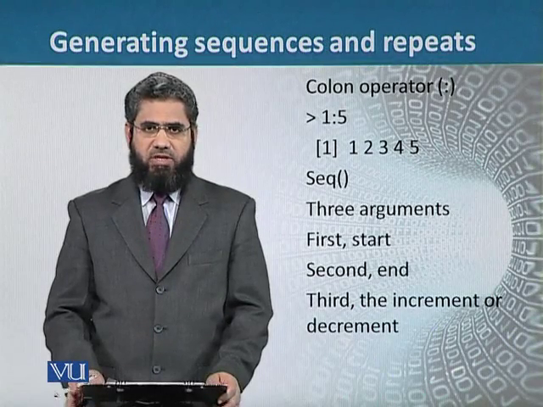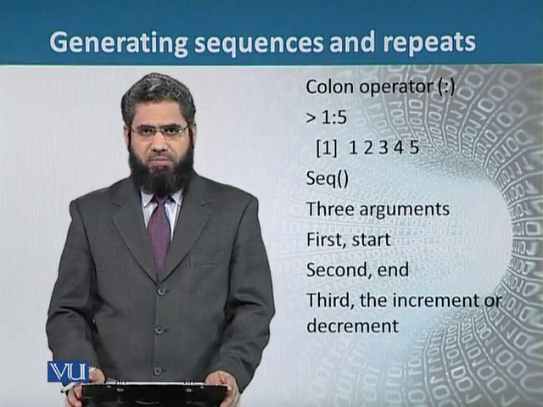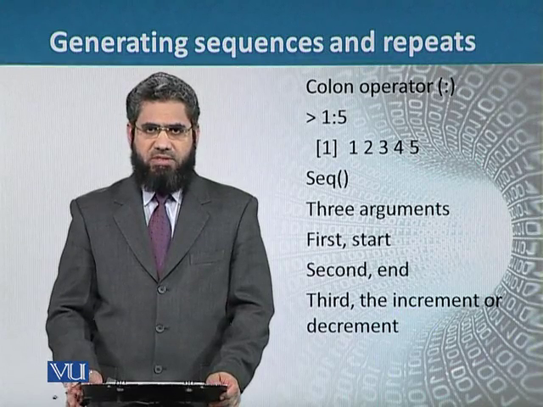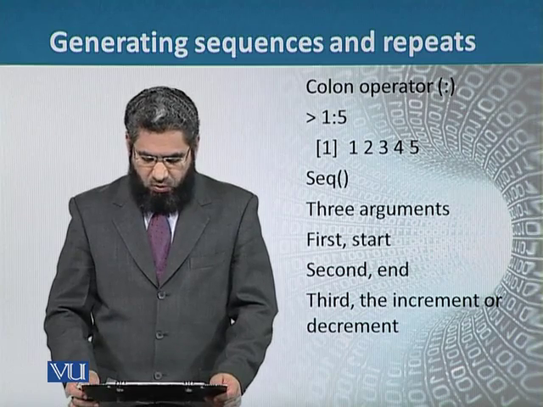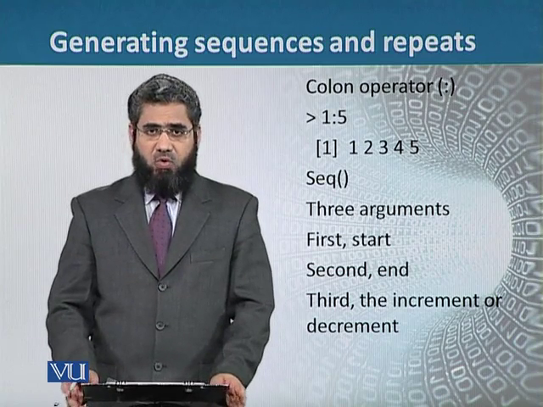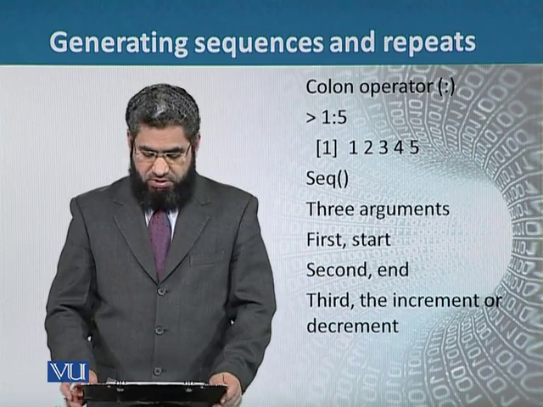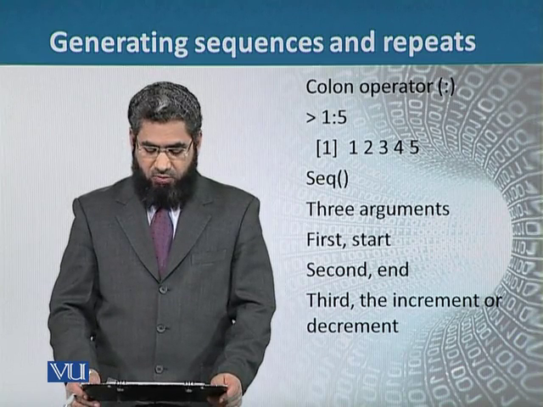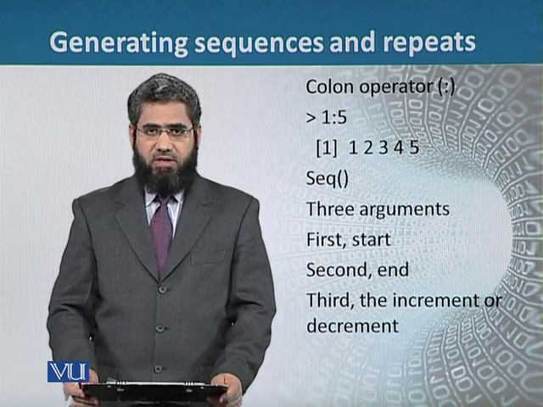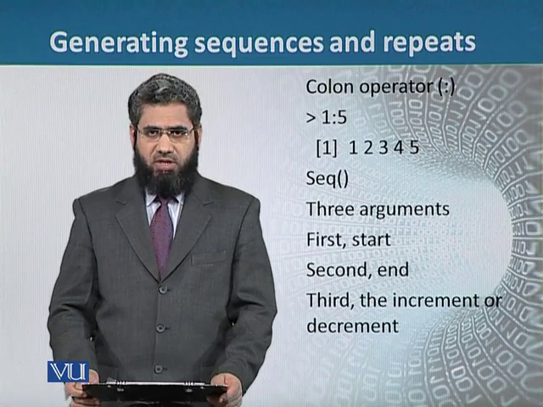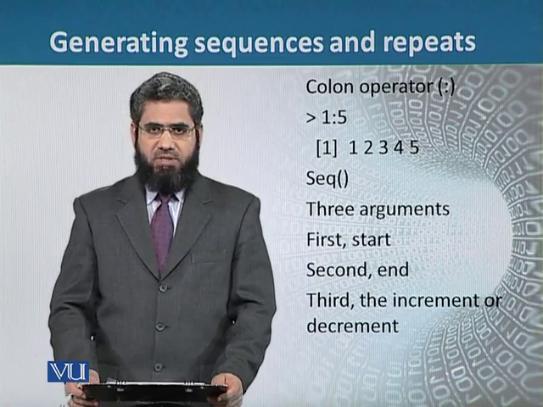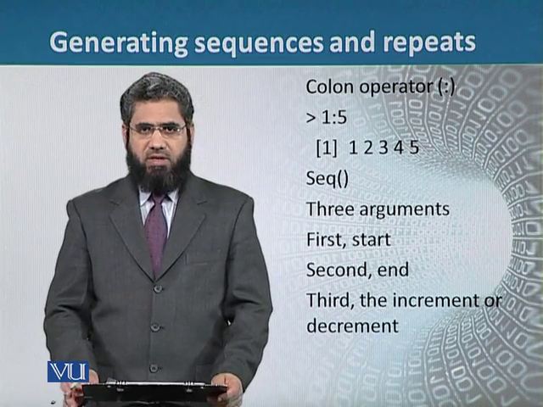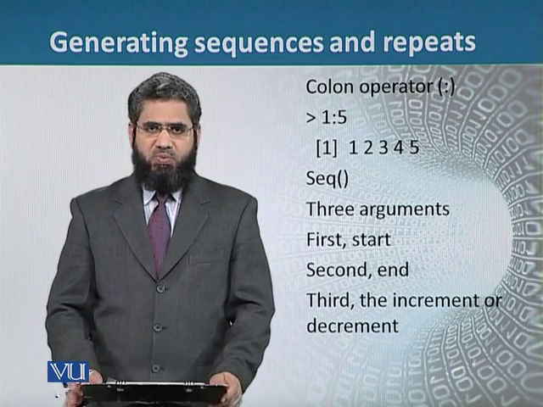We can also generate a sequence of numbers, and for generating the sequence we can use the simple operator colon. If we write the colon between two numbers, it means we will get equally spaced numbers.